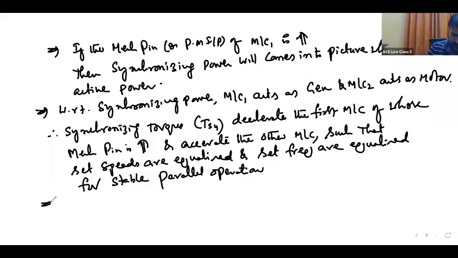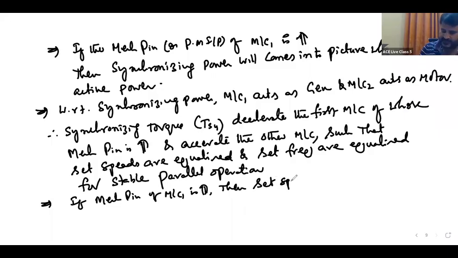If the mechanical power input of machine 1 is increased, then set speed will increase and set frequency will increase.